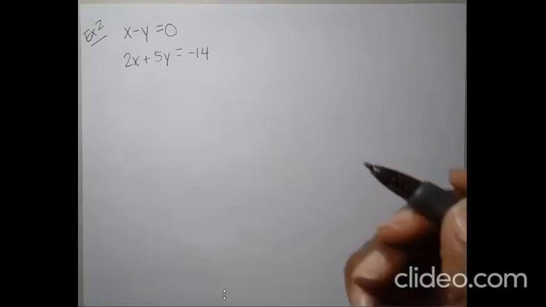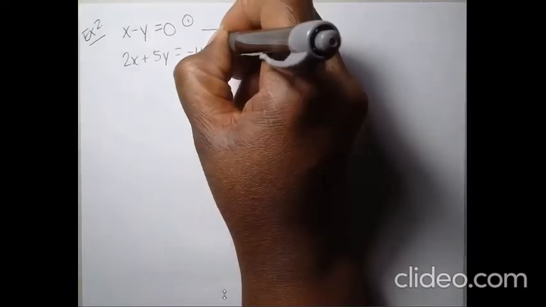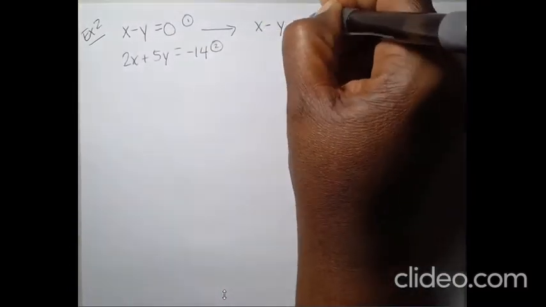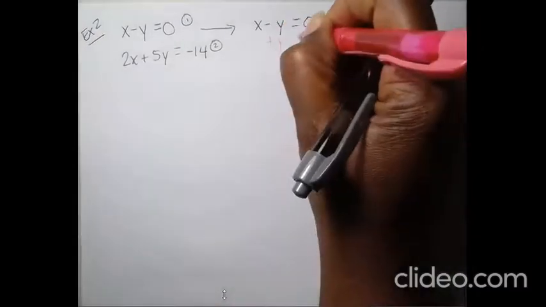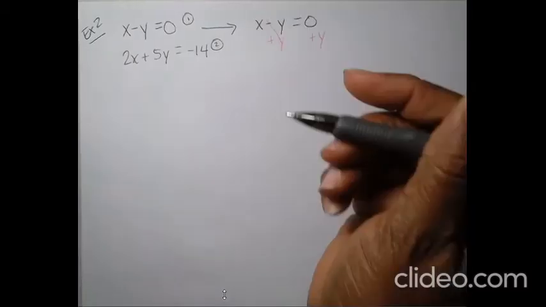So let's take equation 1 and name them equation 1 and 2. How about we get this into x equals? We do that by adding y to both sides. These cancel, and we're left with x equals y.